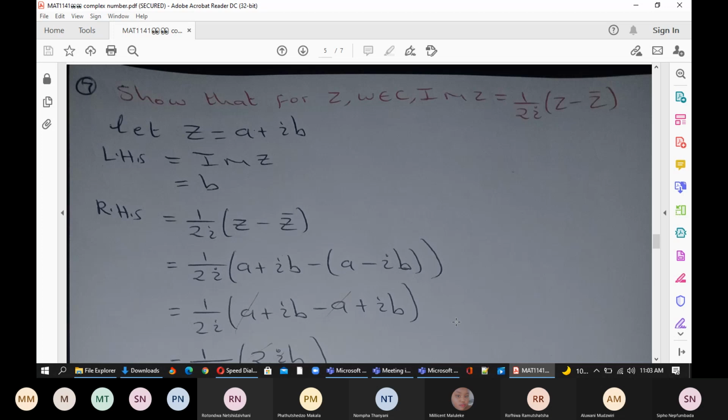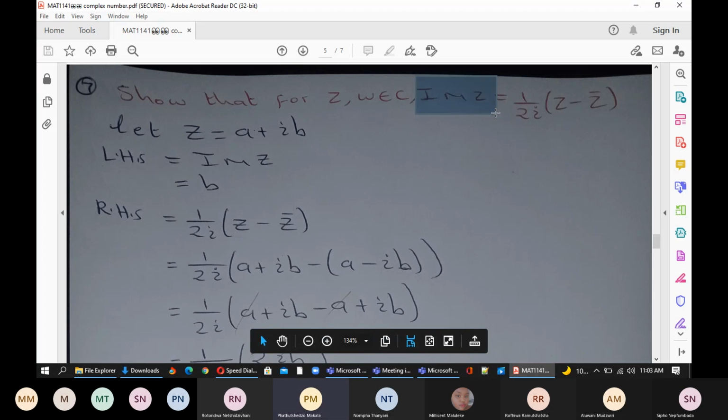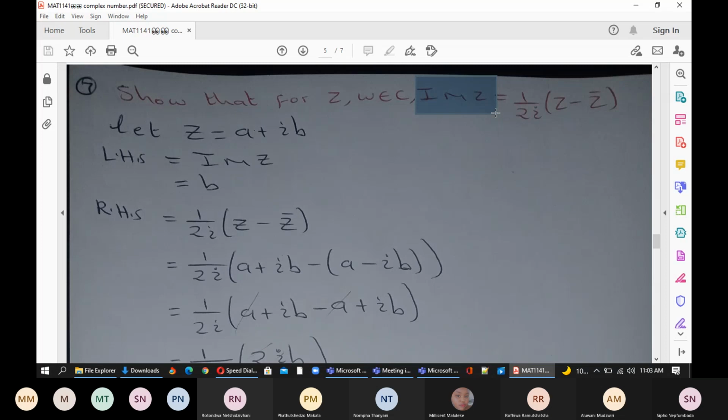So now they show that z, w are elements of C. Guys, what is this? Imaginary of z, which is equal to what?